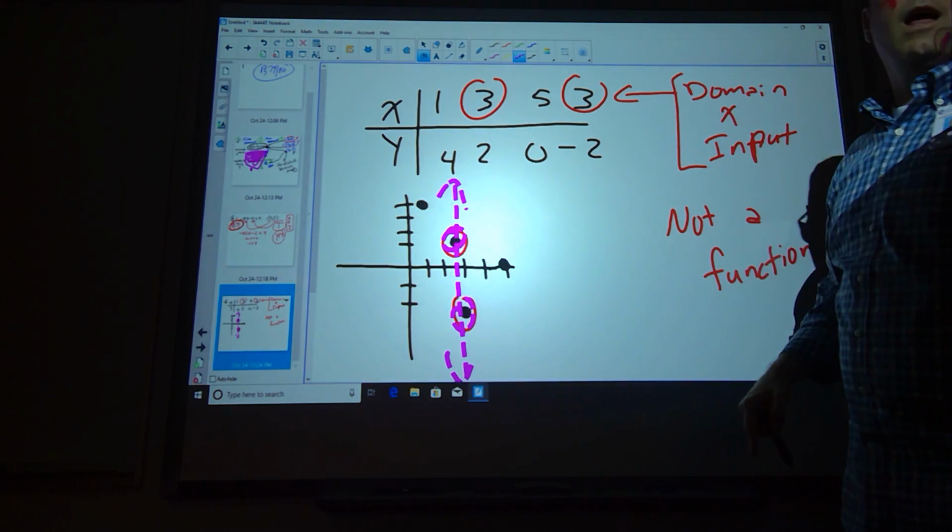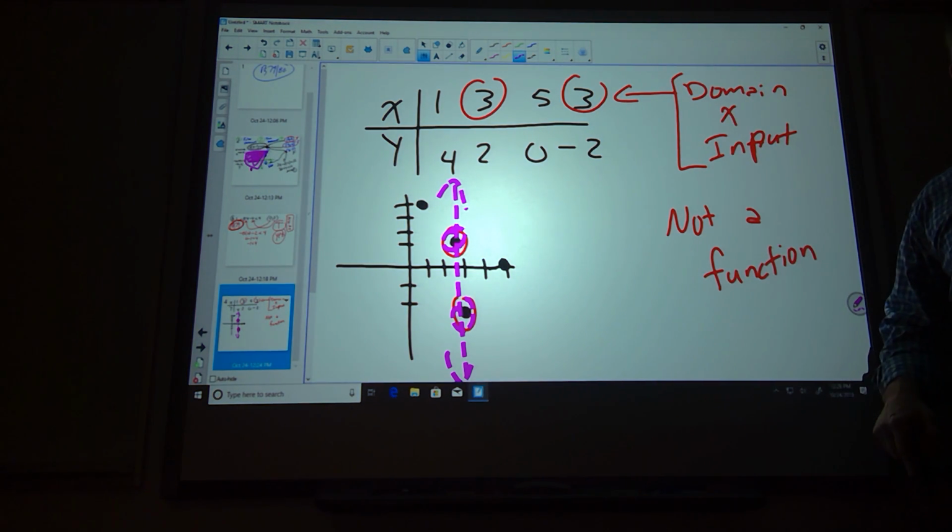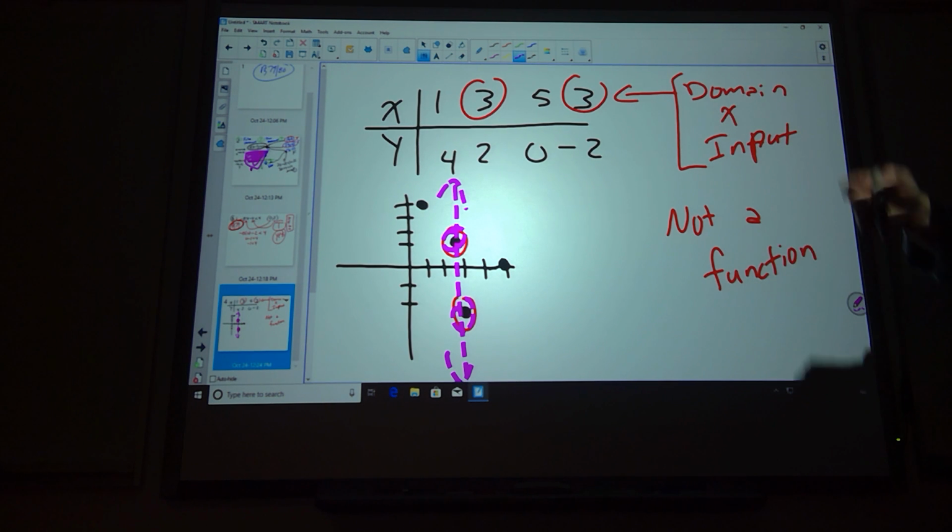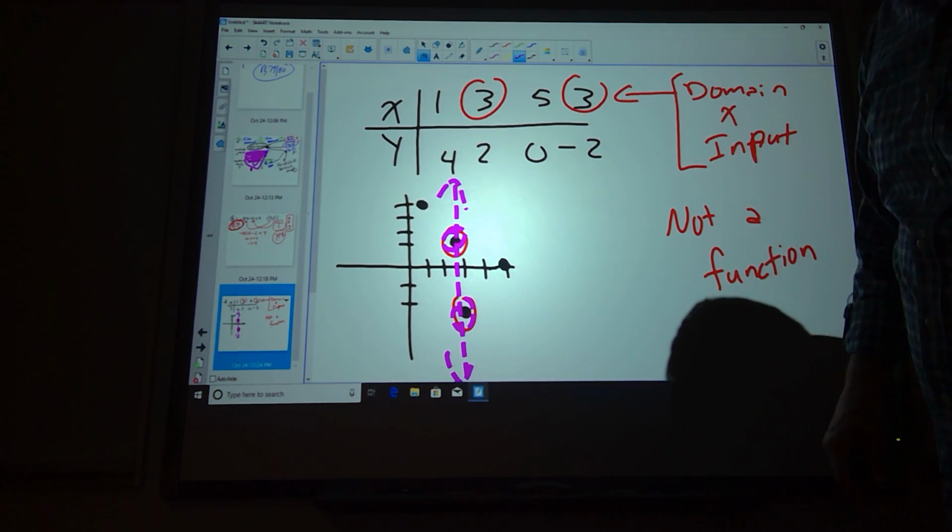So is a vertical line a line? Yes. Okay, so can I have something that's not a function, but it's a line? Yeah, a vertical line. All vertical lines are lines. All vertical lines, none of them are functions. Okay? So let's take a look how that would go.